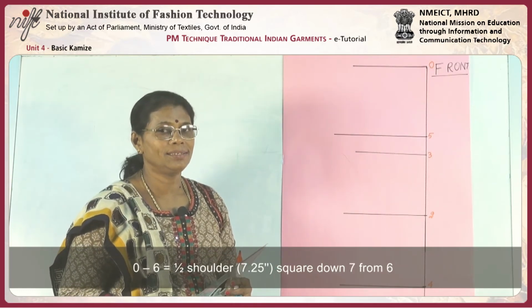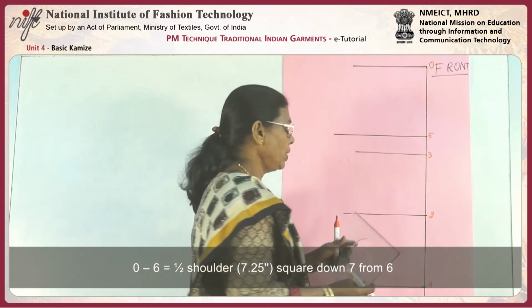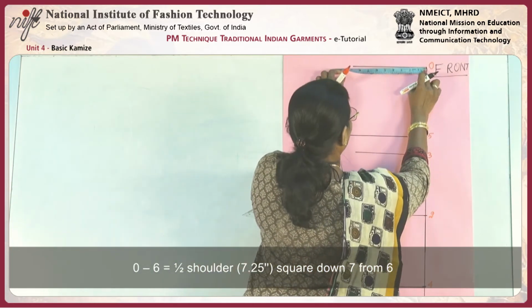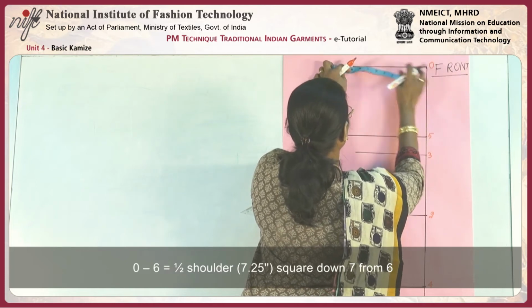0 to 6 is off shoulder. Shoulder 14.5, off is 7.25.